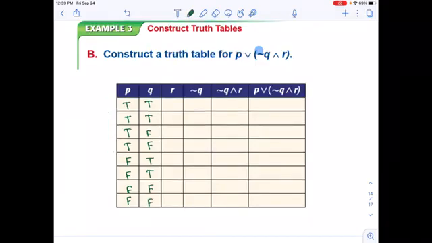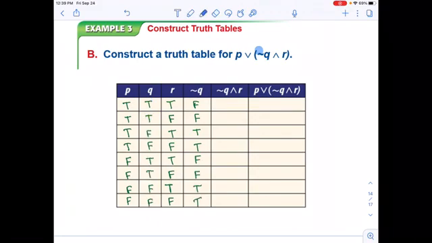And then to finish getting all of them, for my R column, I do every other true and false. Then I need to look at my Q column and negate it. So it's going to be false, false, true, true, false, false, true, true.